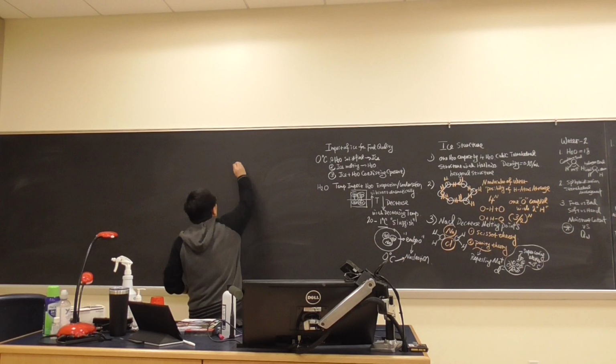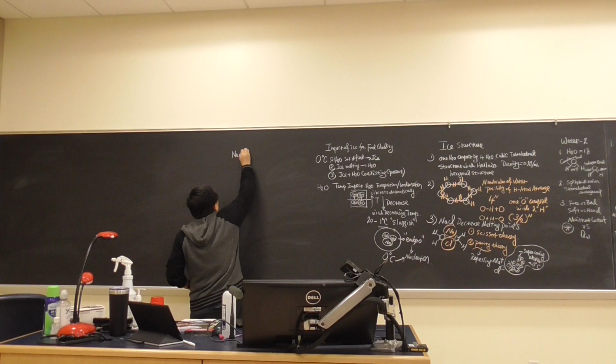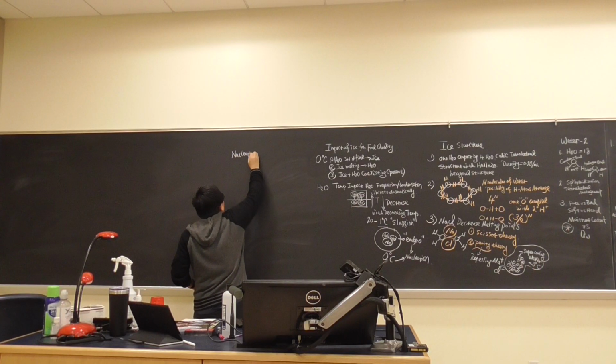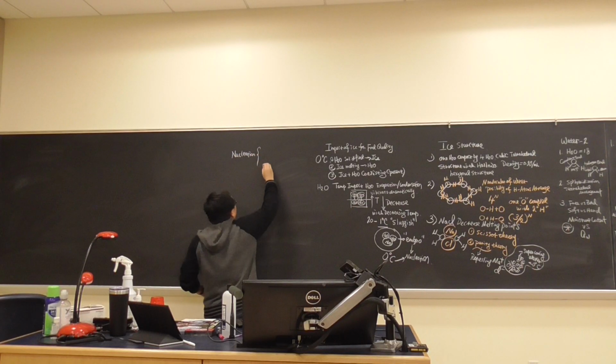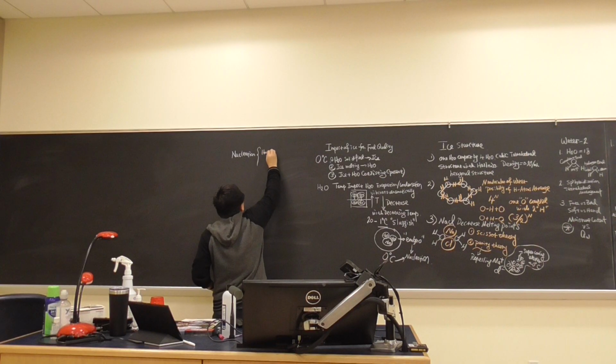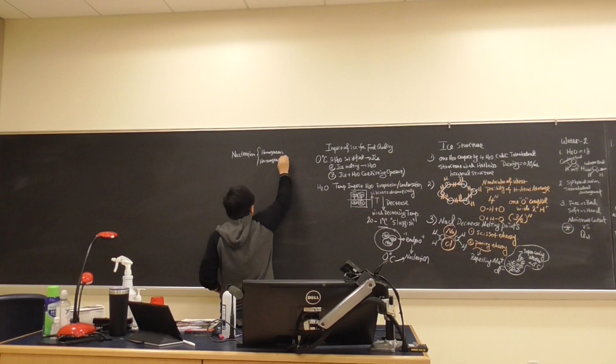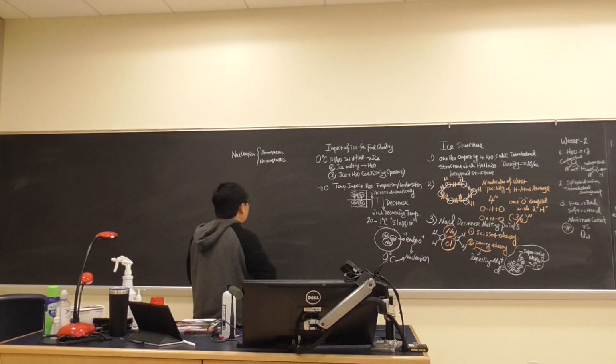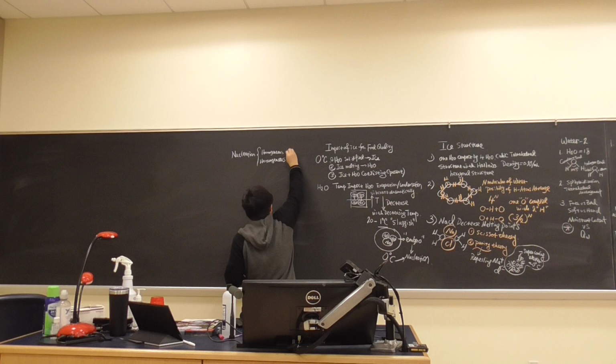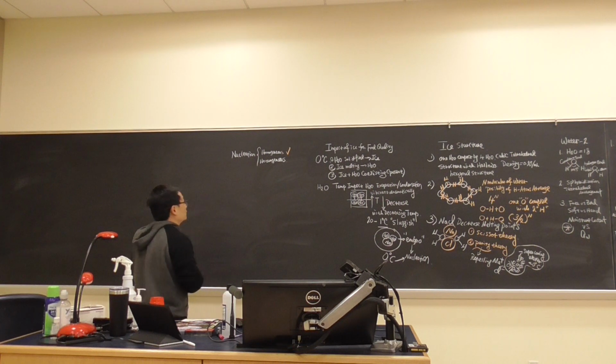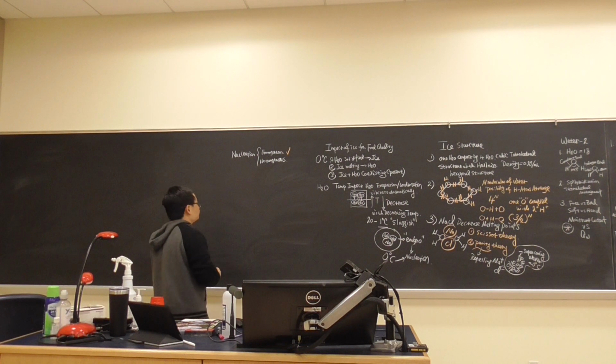Now, regarding nucleation, there are two different types: homogeneous and heterogeneous. Heterogeneous is more complicated, but we can give you some examples later, and homogeneous is easier to understand, so we want to talk about that.